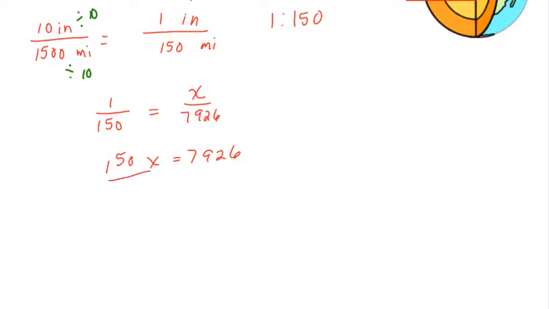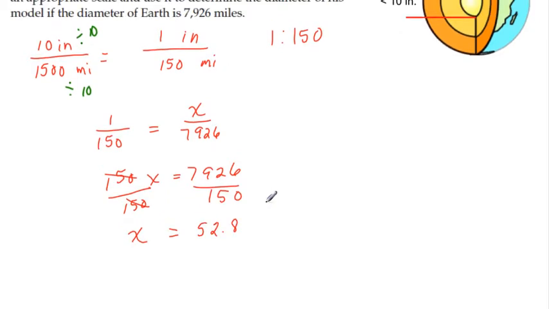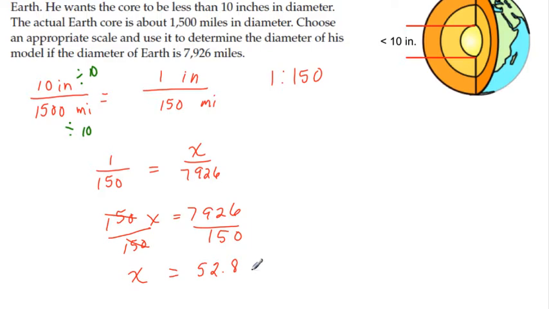So if we want to solve that for x, we need to divide both sides by 150 to get x by itself. And 150 over 150 is the same as 1, so we just have 1x, or just x, is equal to 7,926 divided by 150, which is equal to 52.8, or approximately 53 inches. Okay, and that's what we were looking for.